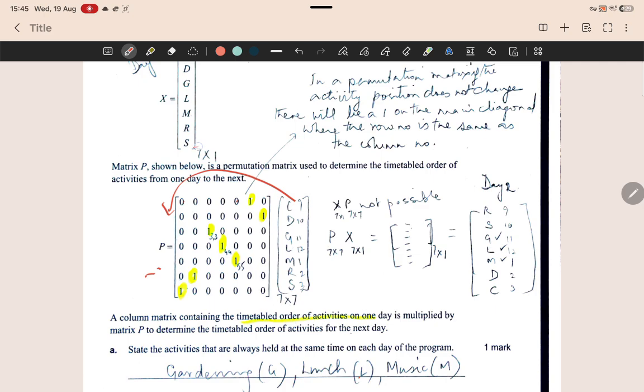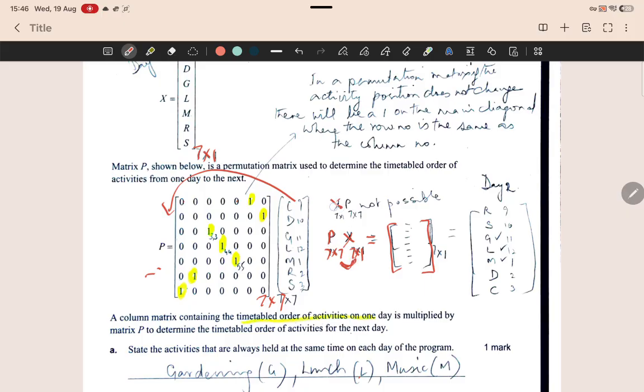X is a 7 by 1 matrix, and this is a 7 by 7 matrix. So you know that if P is a 7 by 7 matrix and X is a 7 by 1, that is possible, and that will give you another column of activities on multiplication of P and X, because these two are equal.